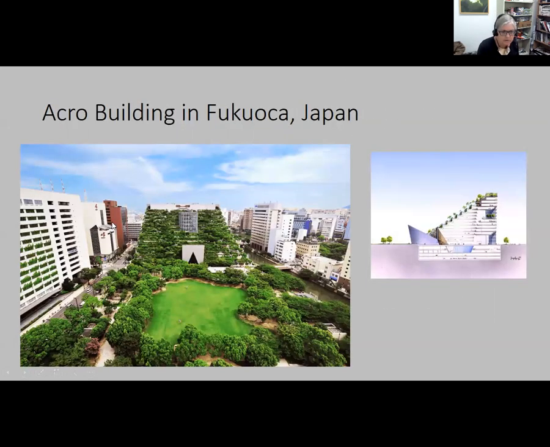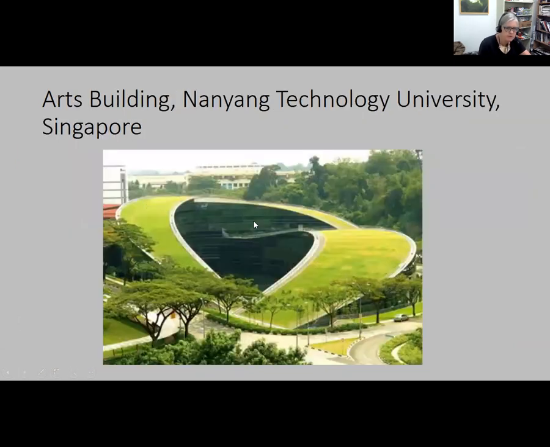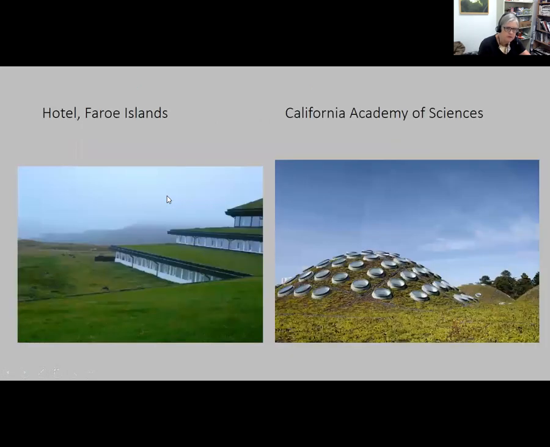In order to keep this building cool in the summer and warm in the winter, it has this terrace that plants have been planted on, and it makes the building much more energy efficient. Here's another building in Singapore that has grass growing on it.